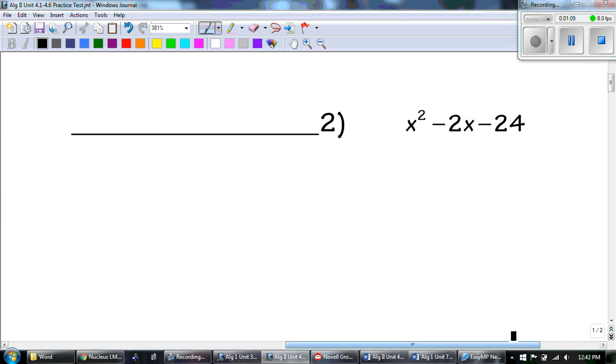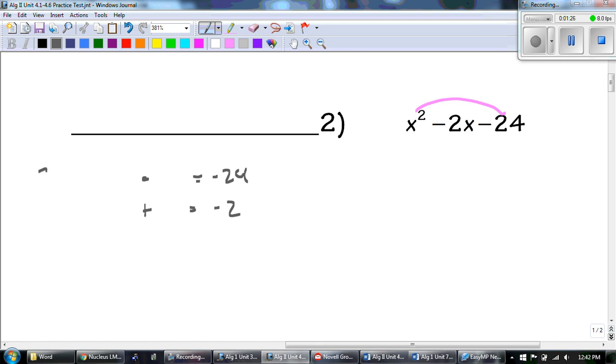Right, number 2. The first thing I check for, is there a GCF? No. Okay, so I want to multiply. What numbers multiply to get negative 24 and add to get negative 2?